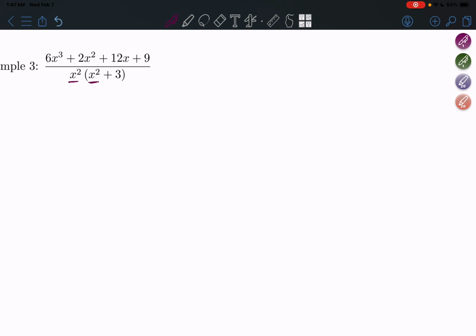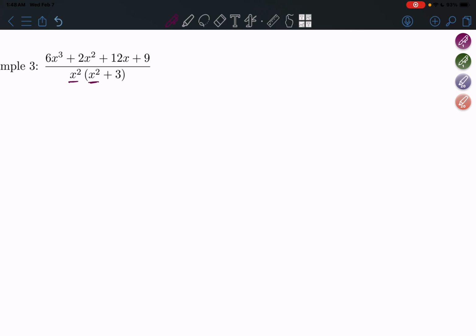The tricky thing about this particular problem, though, is that the x squared in the denominator is a little deceptive. That's not really a quadratic. Even if we treat it as a quadratic, we should recognize that it is factorable, so we can factor this into x times x.